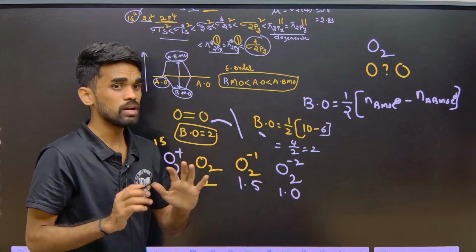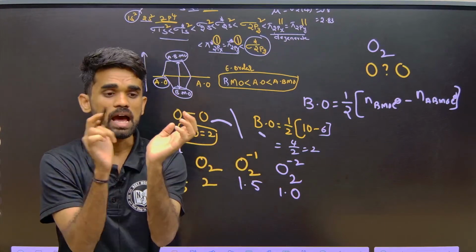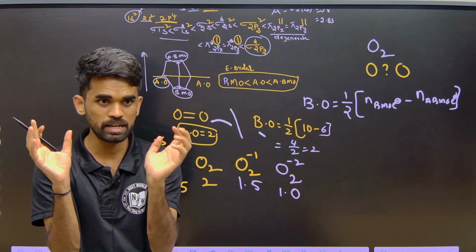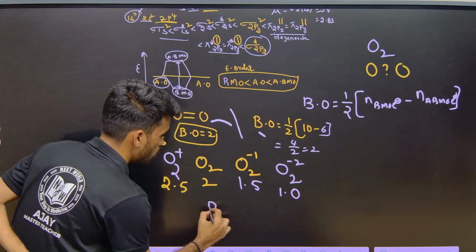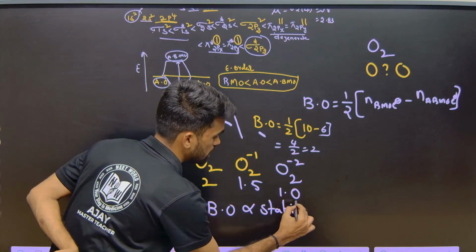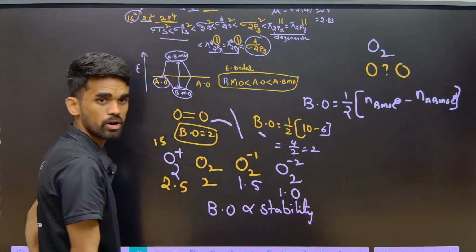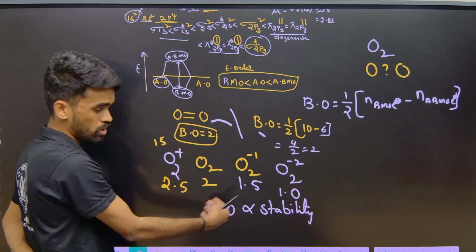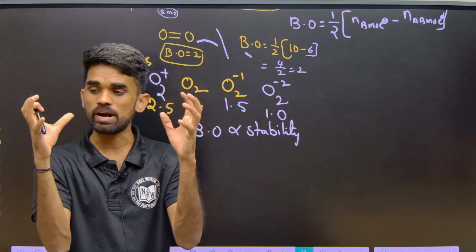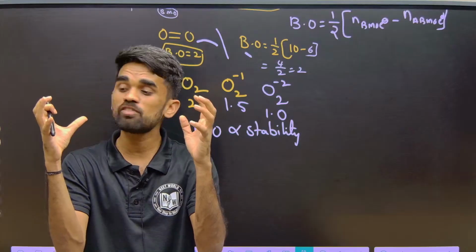Now tell me, between two atoms, as the number of bonds increases, what happens to the stability? Stability increases. So I can say stability is directly proportional to bond order, you can take it like this. Now between two atoms, the number of bonds increases.